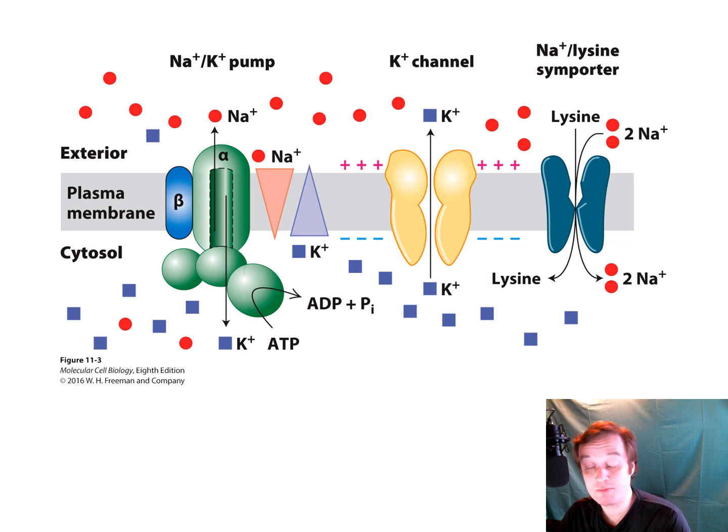So let's look at how some of these pumps work together in metazoans to import lysine as an end product. First we have the sodium-potassium pump, and this is an ATP pump, so it requires energy. As you can see down here, ATP is converted to ADP and a phosphate group, and that release of energy pumps 3 sodium ions out of the cell.